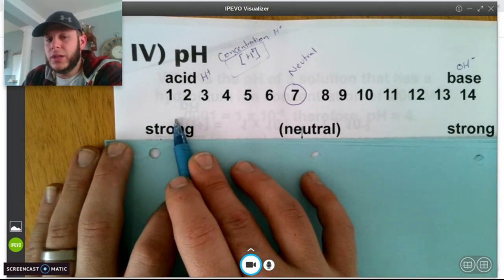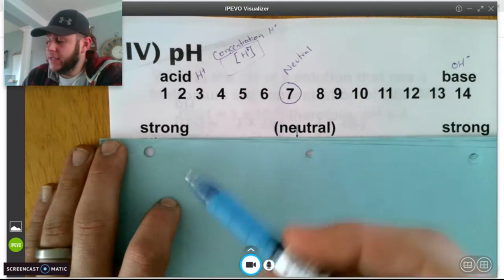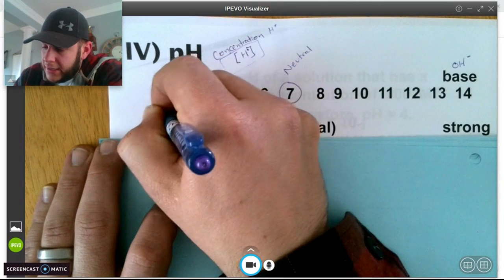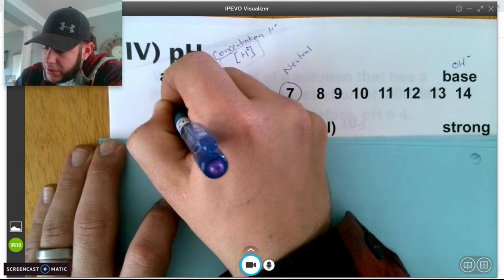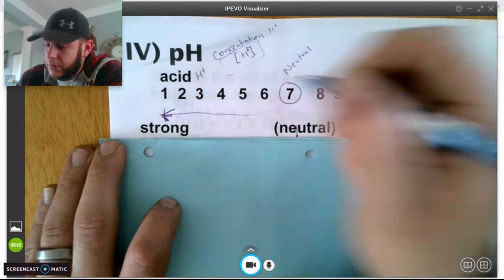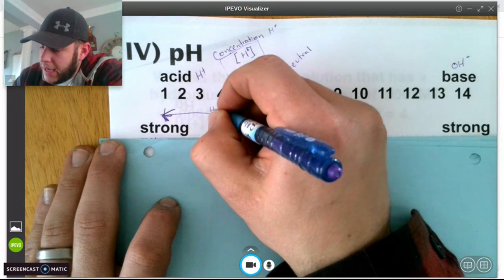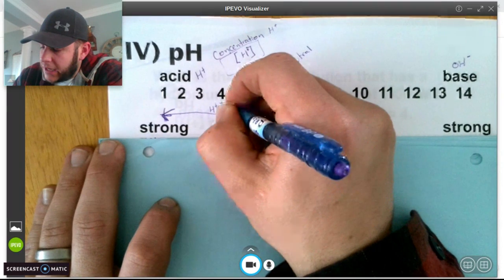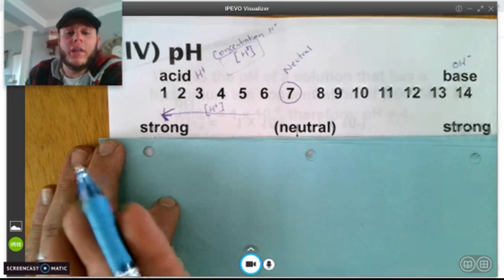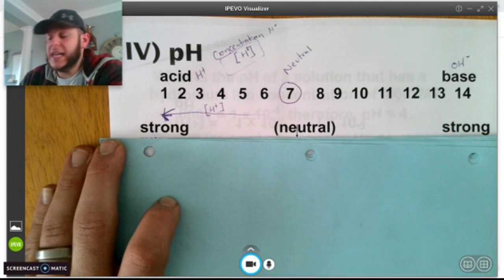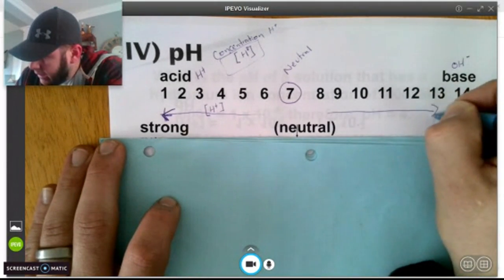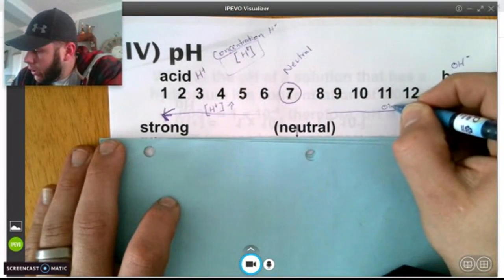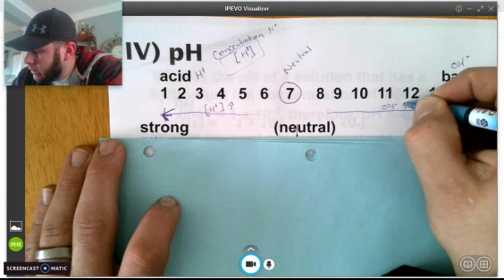Now, hopefully what you can deduce at the moment is that as we travel this way, the H plus concentration goes up. There's more H plus, makes it more of an acid. More of the acid ion makes it more of an acid. And conversely, the further I go this way, OH minus goes up.